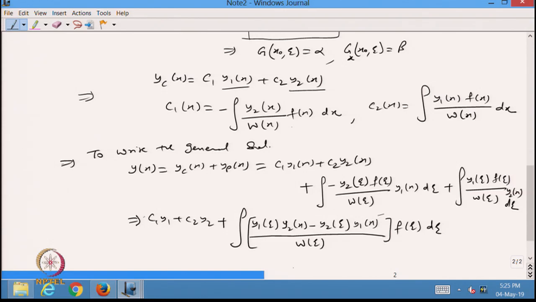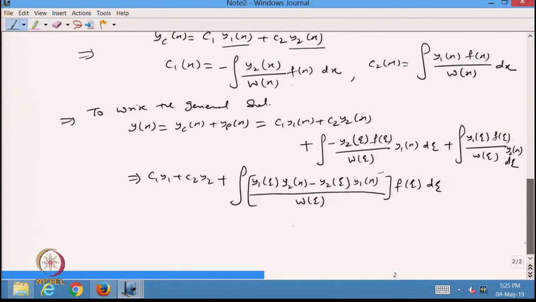The general solution is C1 y1 plus C2 y2 plus this integral.